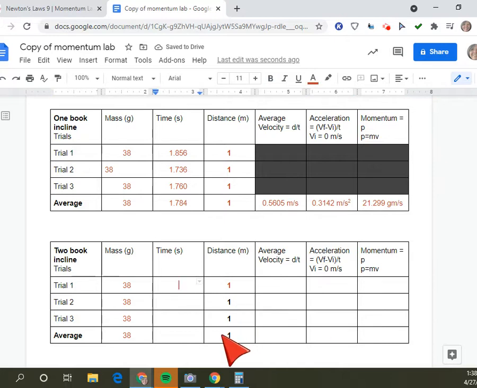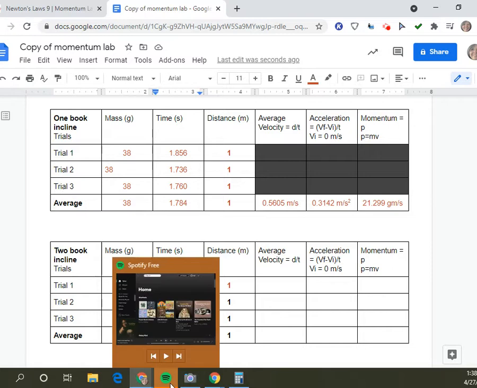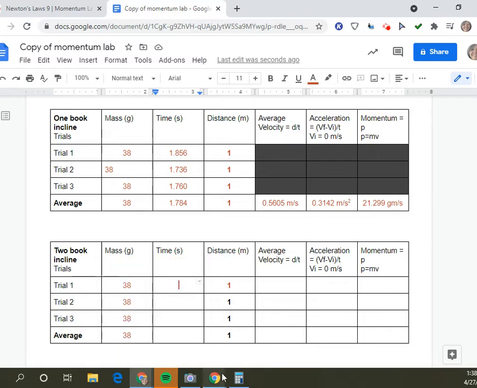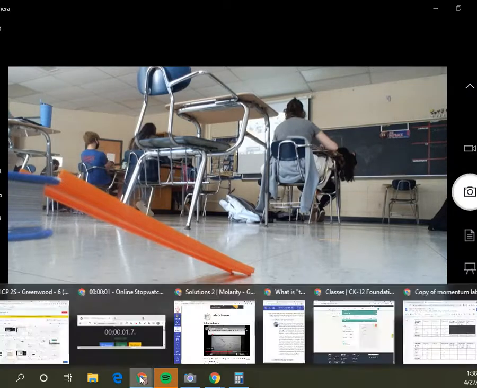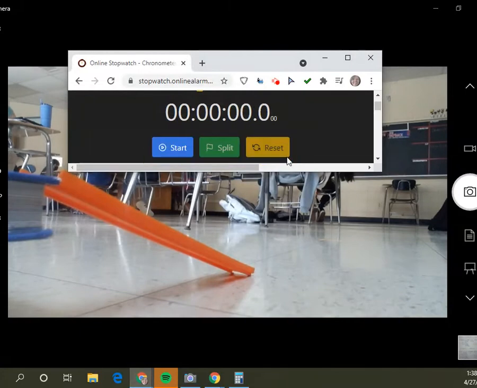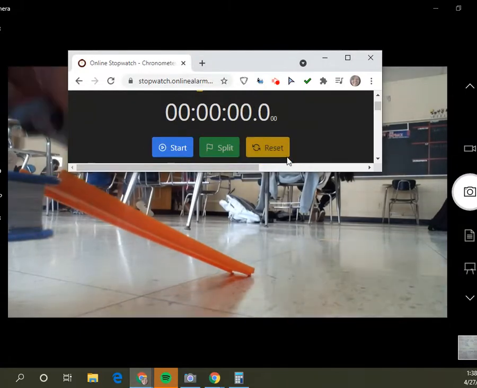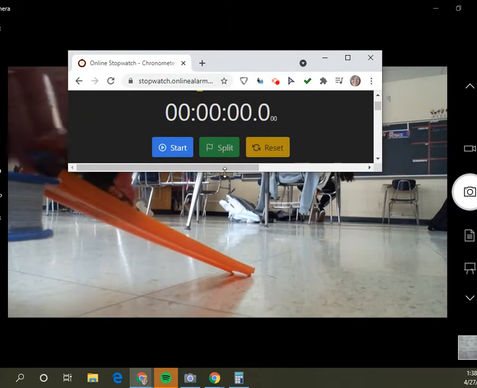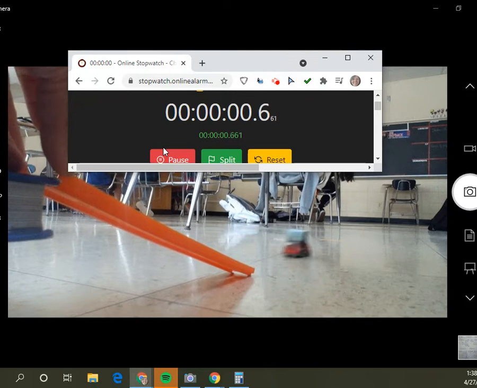And let's look. All right. So we're using the same car. We're using the same ramp, the same distance, but we need camera. All right. And we need our stopwatch. Reset it. Reset, go.